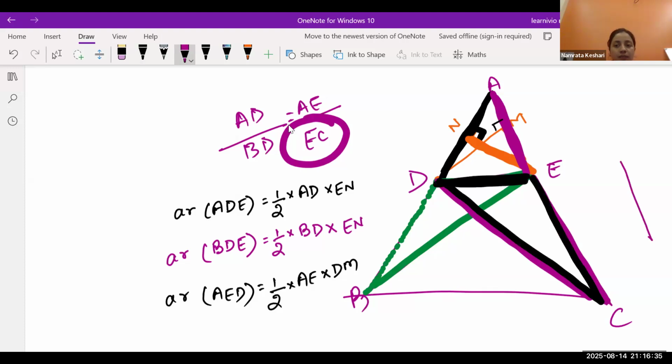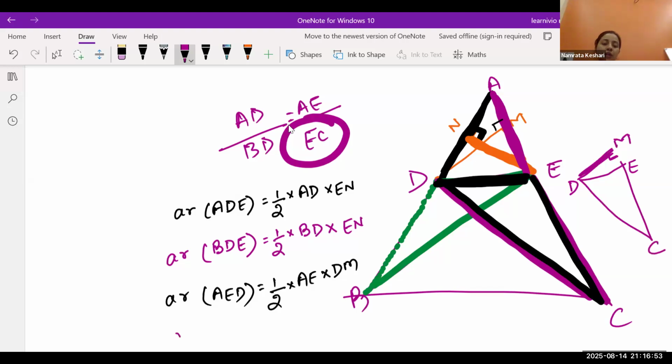Yes, ma'am. Okay, and in this ECD, from the vertex D, a perpendicular is dropped, which is lying outside the triangle, and this is completely normal and acceptable in mathematics. Yes or no? Yes, ma'am.